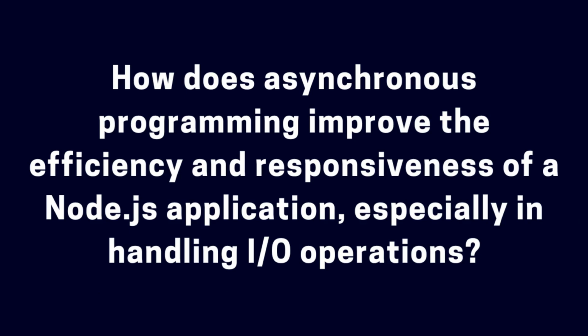This non-blocking approach ensures that the application remains responsive and can handle multiple operations simultaneously, rather than being held up by slow operations. As a result, the application can serve more users and manage more tasks without delays or bottlenecks, leading to better performance overall.